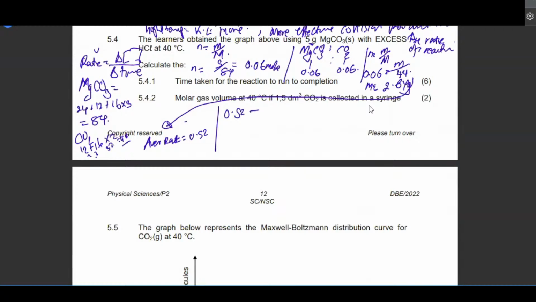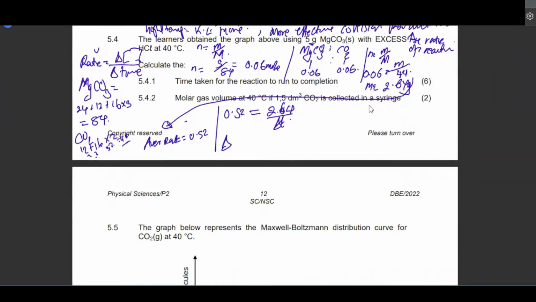So now we are saying that average rate 0.52 is equal to the grams, the change in grams, started from 0, which is 2.64, over the change in time.